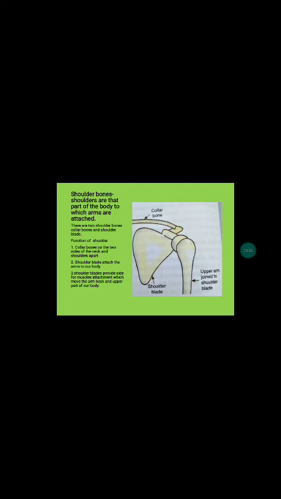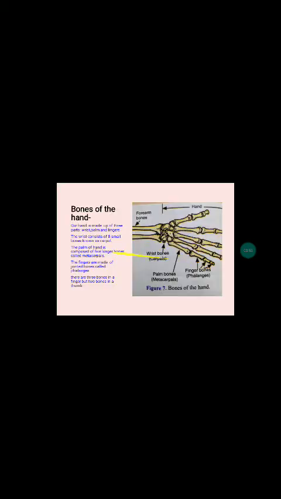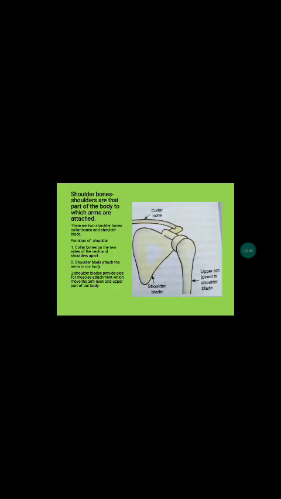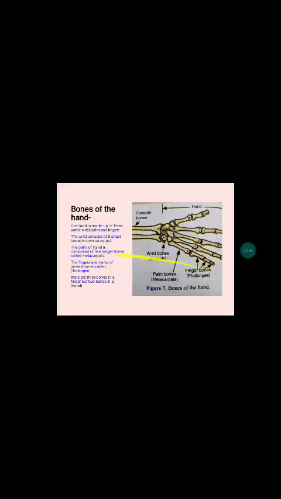Collarbones are on the two sides of the neck and keep the shoulders apart. ये shoulder को थोड़ा सा apart में रखने में काम करता है, और ये attached होता है neck bone से. Shoulder blade attaches the arms to the body. Shoulder blades provide a site for the attachment of muscles which move the arm, and this helps in the movement of our hand. So what is the function of shoulder? It mainly helps the movement of our hand.